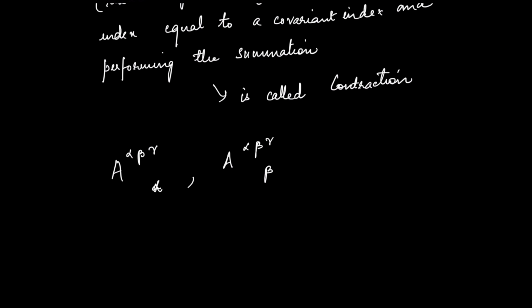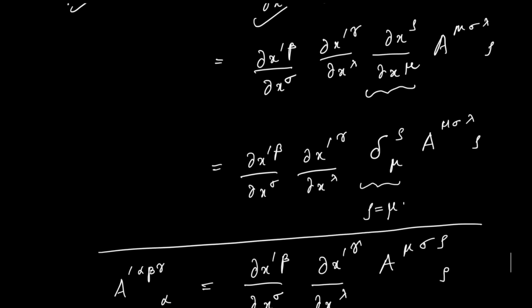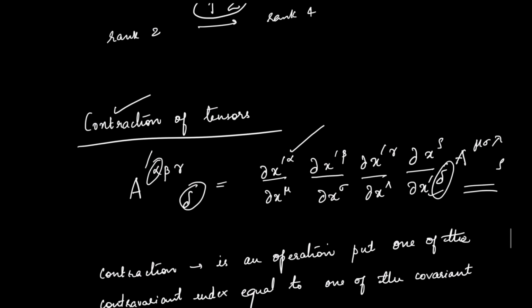If I put gamma equal to delta, I will get A alpha, beta, gamma, gamma. Okay, so you can obtain more than one tensor from the contraction of the same tensor. And all of them are different from each other unless this tensor A alpha, beta, gamma, delta is symmetric with respect to alpha and beta. Okay, so this is one property, contraction of tensors.